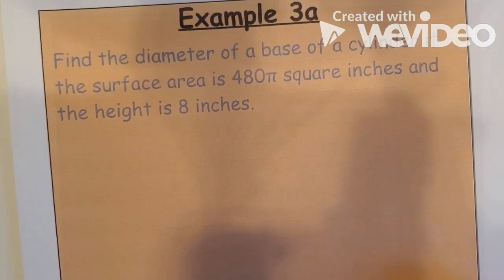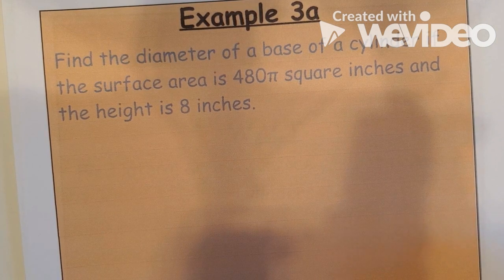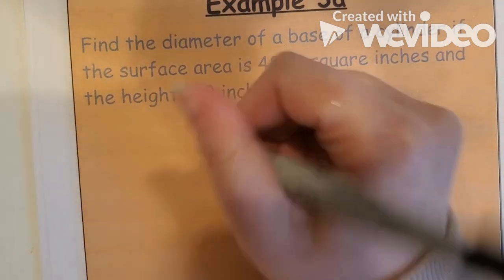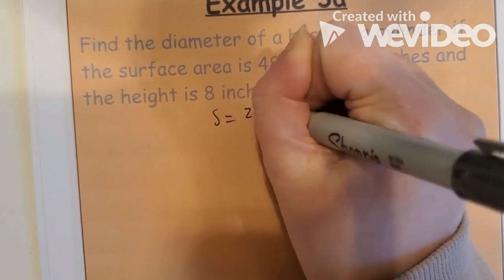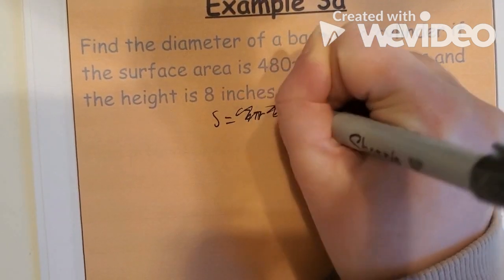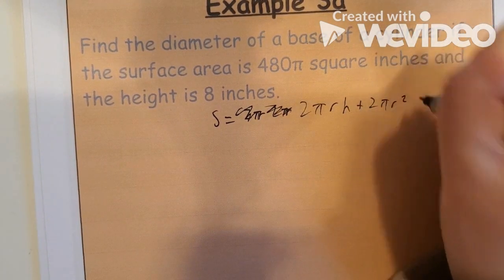Find the diameter of a cylinder if the surface area is 480 pi square inches and the height is 8 inches. All right, so we're going to go back to our surface area formula, which is 2 pi RH plus 2 pi r squared.